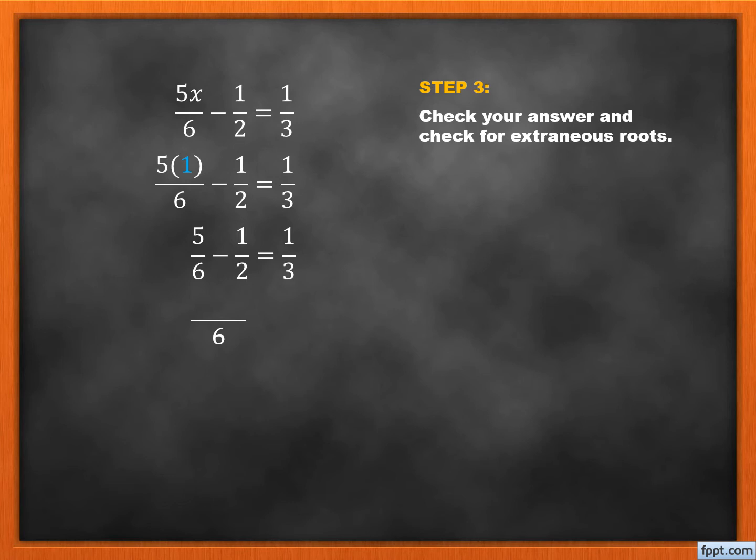Using the LCD 6 divided by 6, we have 1, times 5, we have 5, minus 6 divided by 2 equals 3, times 1, we have 3, equals 1/3. Further simplifying, 5 minus 3 equals 2 over 6 equals 1/3. And getting the lowest term of 2 over 6, 2 over 6 is equal to 1/3. That is 1/3 equals 1/3.